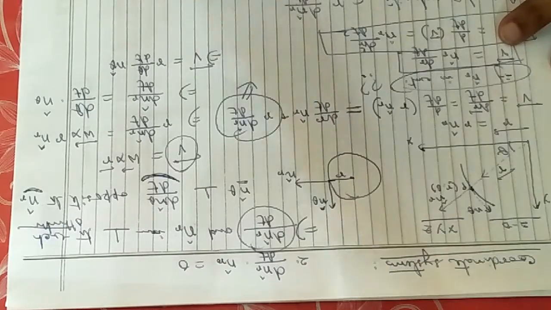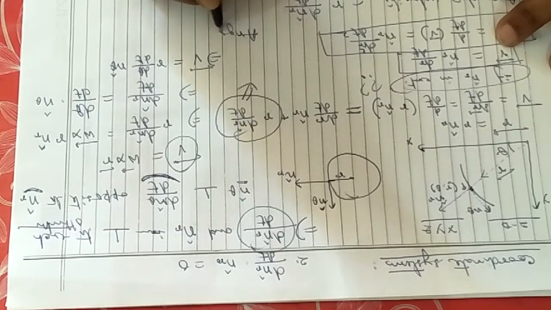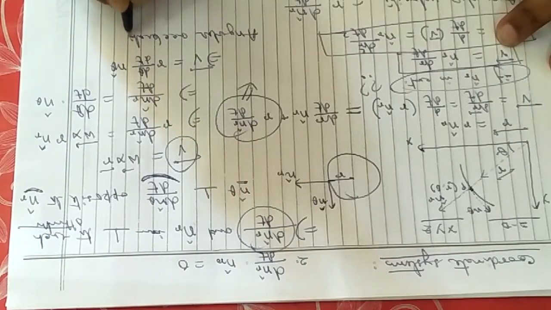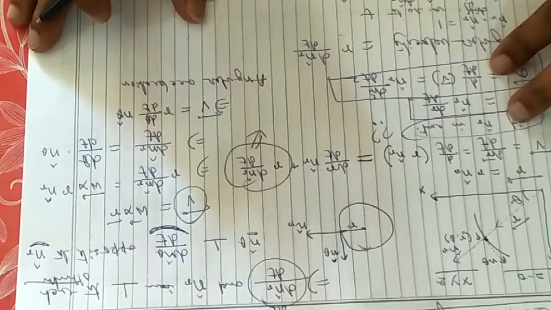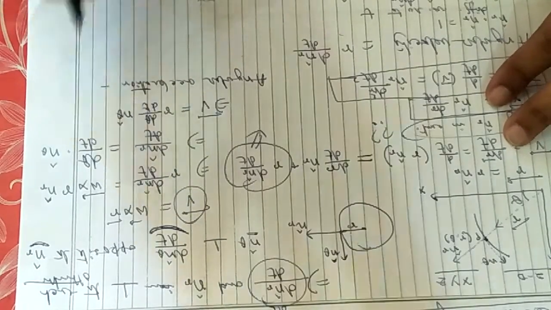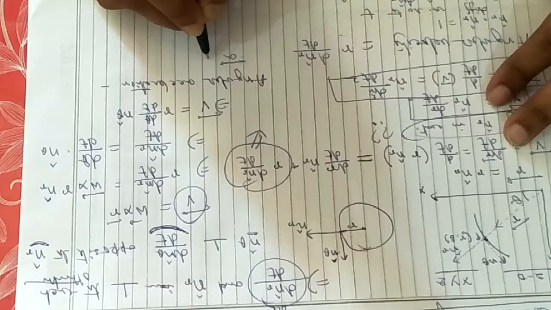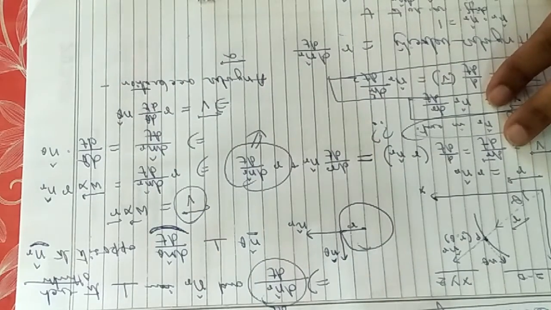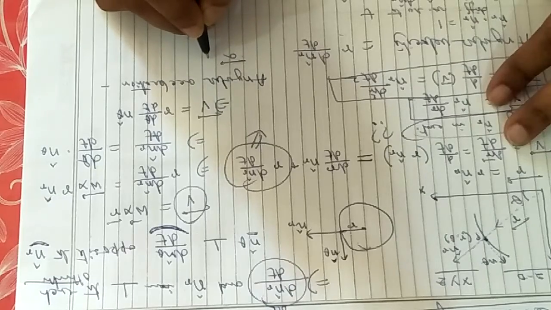So how to calculate the value of the acceleration? The acceleration can be calculated by differentiating this v. If you differentiate this one, you have to consider r is constant.